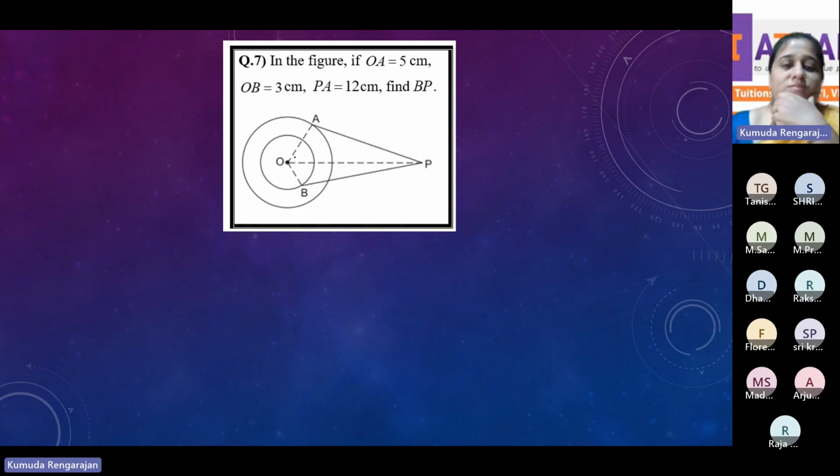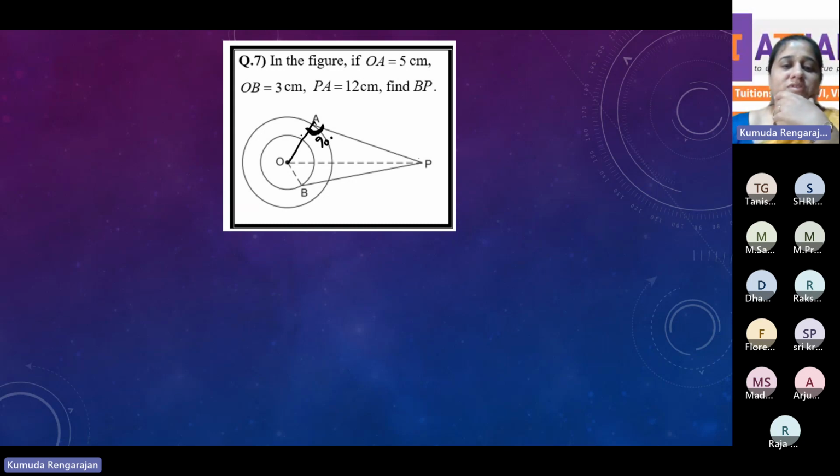Okay, so what's the measure of this angle, children? OA is the radius, so it's 90 degrees. PA is the tangent, so 90. That makes OAP a right triangle.